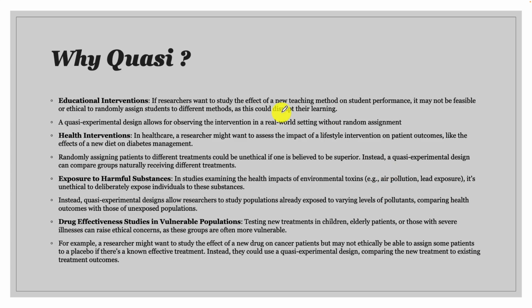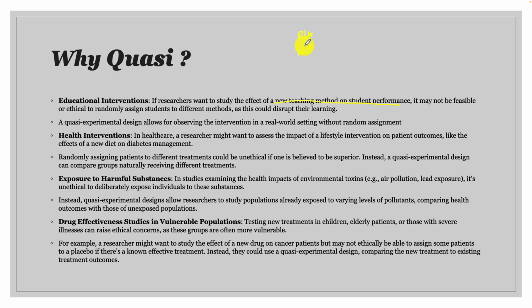So why won't we randomize it? Well, here's a couple of examples. Let's say we have an education intervention, and we want to see how a new teaching method might help students' performances. Well, let's say we have a group of students who are in remedial courses, right? Or they're in some sort of adapted education. And then we have just normal students, right?